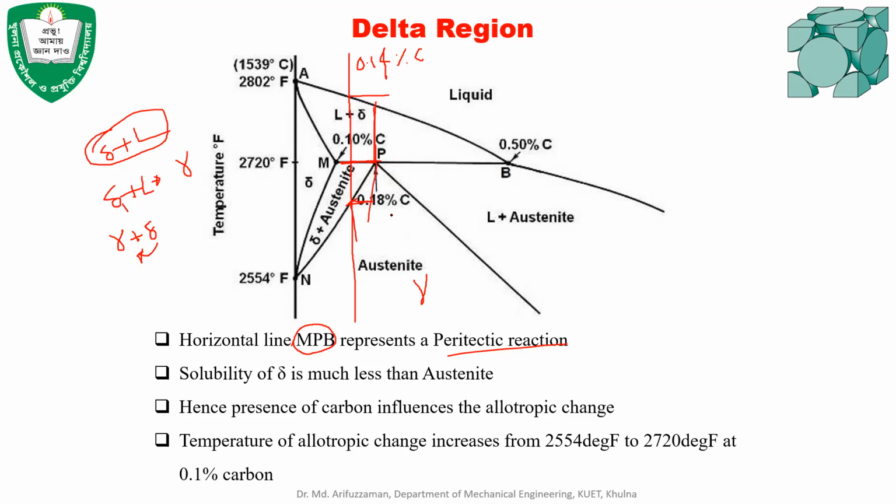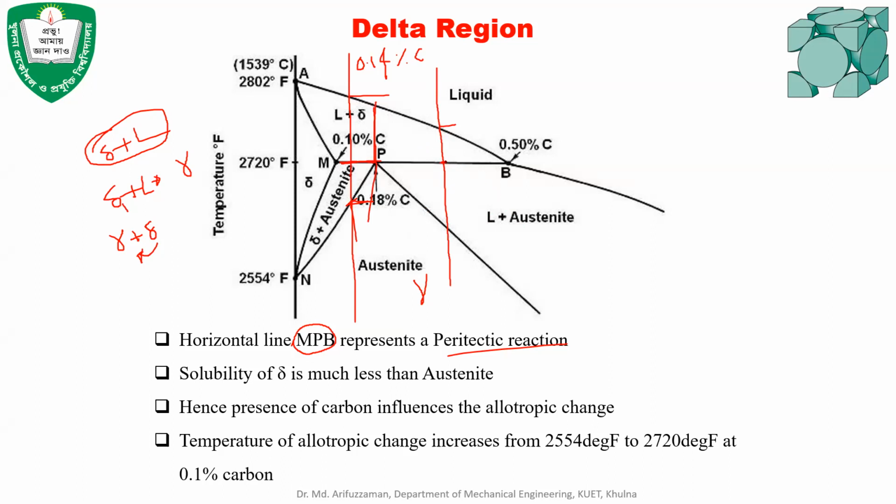And after the 0.18% carbon concentration, if you consider another alloy in this region, then at this temperature delta starts to produce, and there will be delta and a certain amount of liquid present. An interesting thing occurs in this region: delta and some of the liquid will produce austenite, and there will be some liquid still present in the structure.